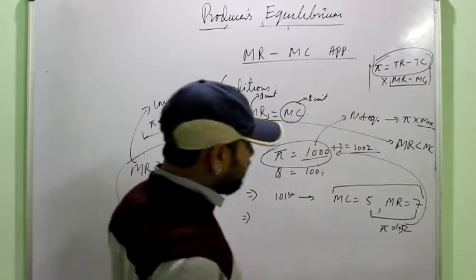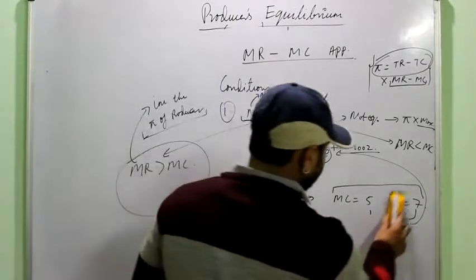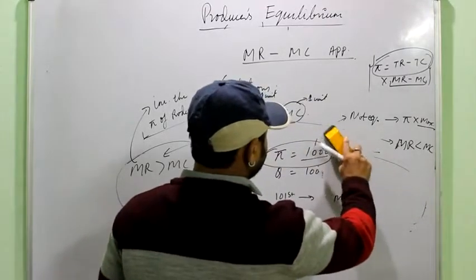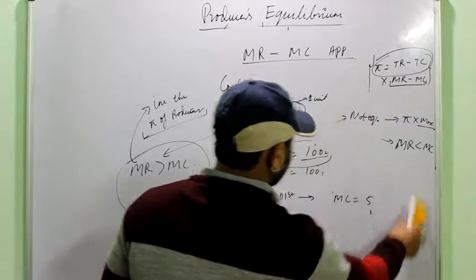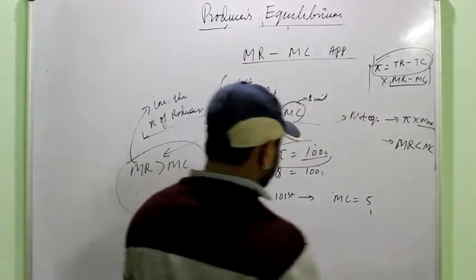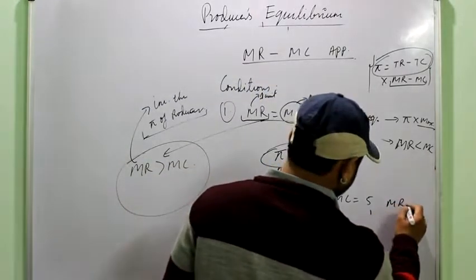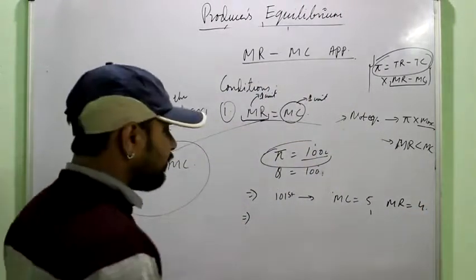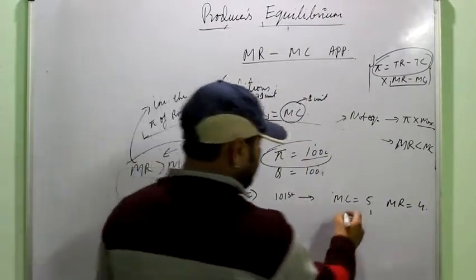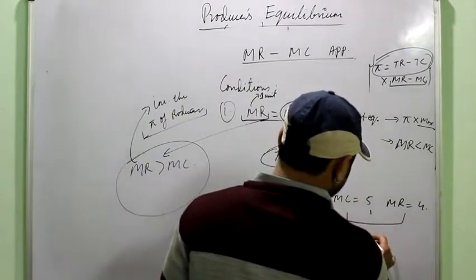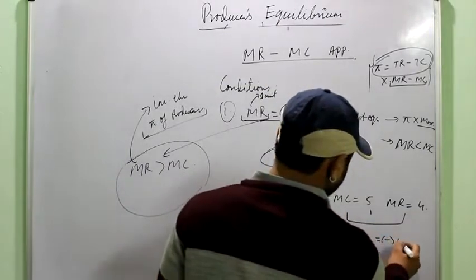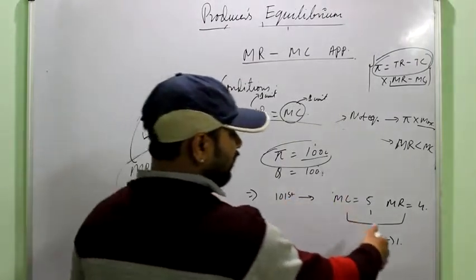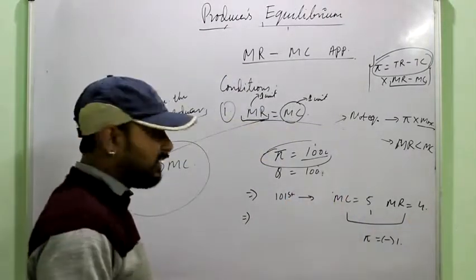Then when we talk about the second condition, let the marginal cost be the same, all things remain the same, but now the marginal revenue is say 4 rupees, right? So now if he produces this unit, he will incur a loss of 1 rupee on it. He will spend 5 rupees in making the unit and he will get only 4 rupees by selling it.